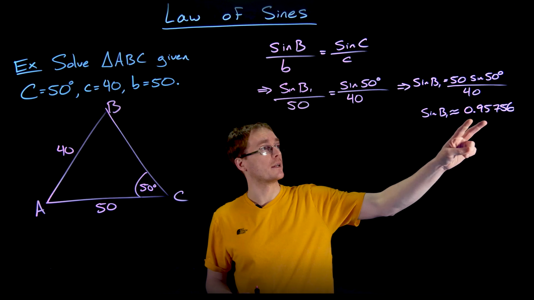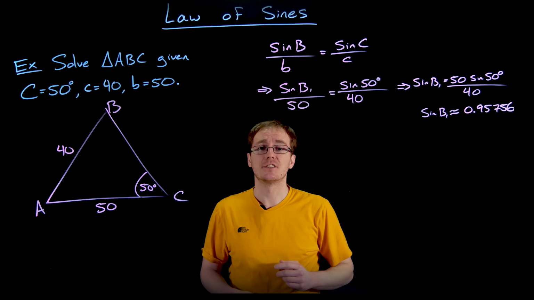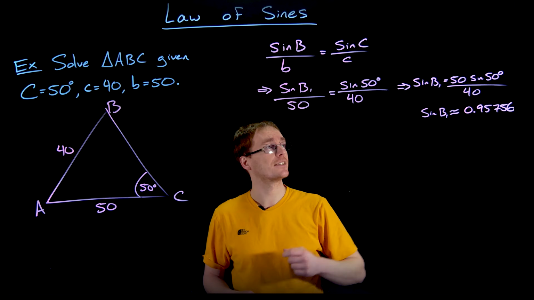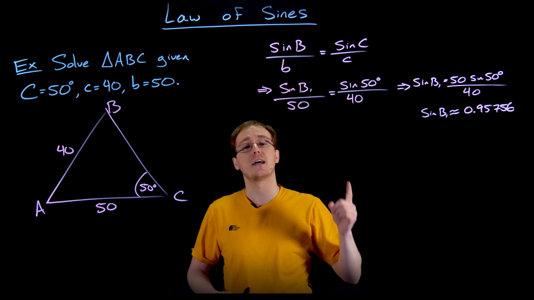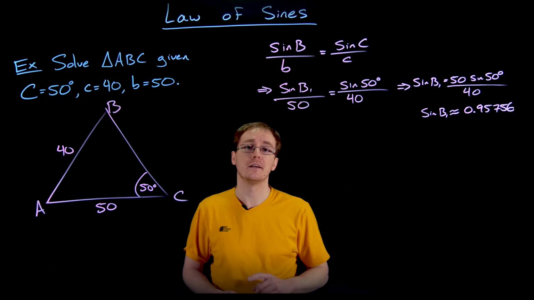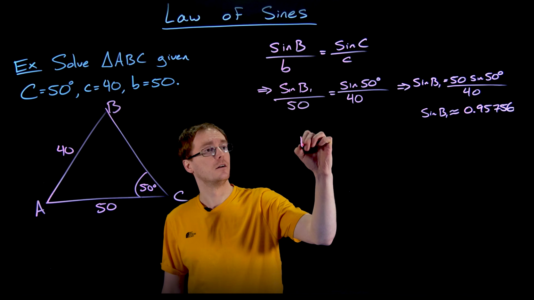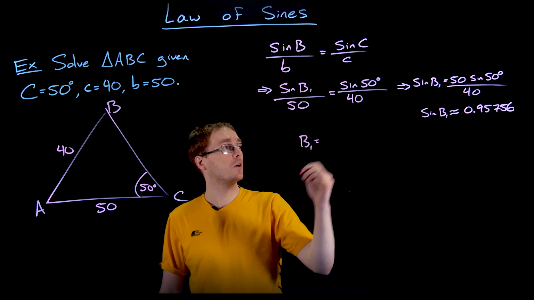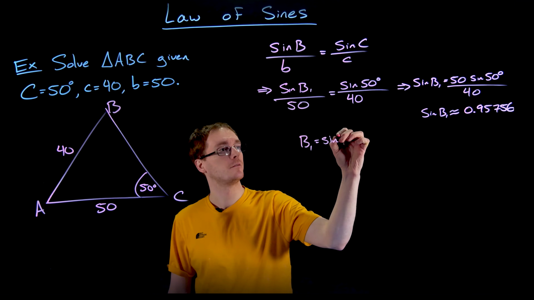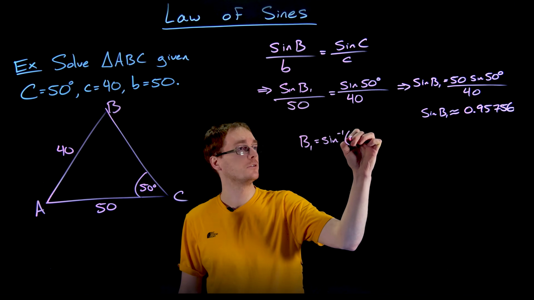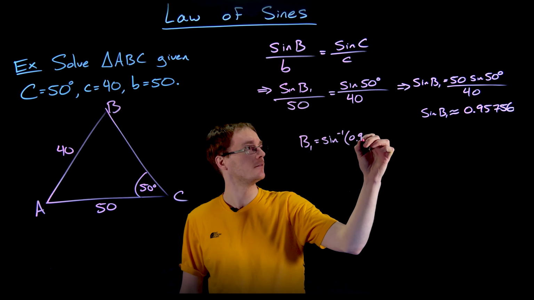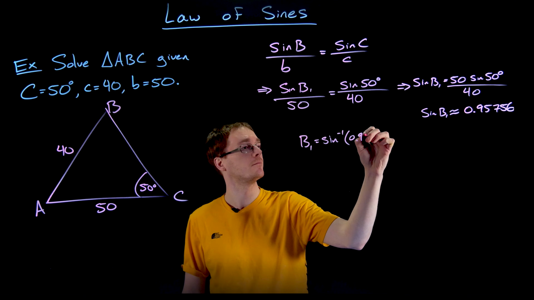So that is not what we have here. 0.9576 is less than 1. That is inside the range of our sine function. So that guarantees we have at least one triangle. And so we would find angle B1 just by taking sine inverse of that value, 0.957756.